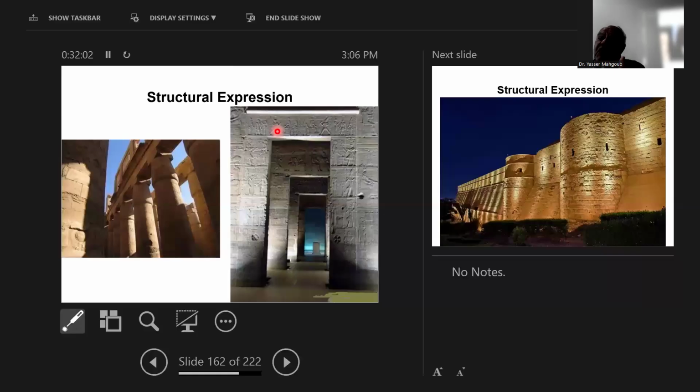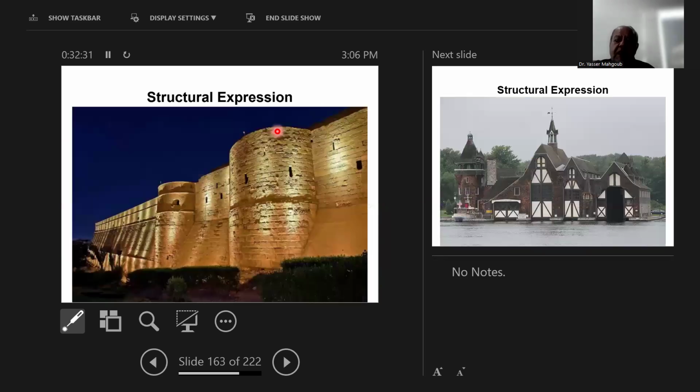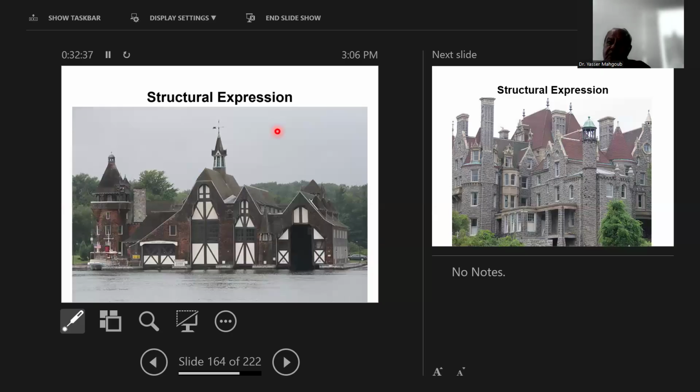So the structural system is an expression. It's part of the form and part of the concept that you have. It's not only to locate columns at corners and say I finished the structural system. No, you have to think about the structure as space, and maybe more than one structural system in the project. So the expression of your project is supported by the structural system.